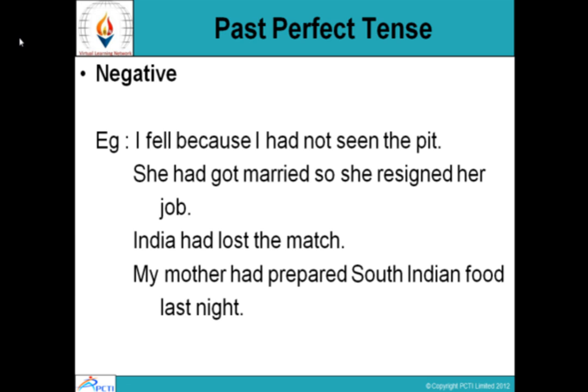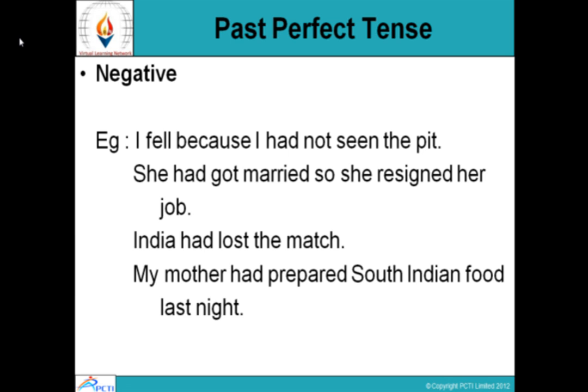Many times, rather generally, when we want to use past perfect tense, there would be more than one sentence. And that is why the rule, the earlier sentence would be told in past perfect tense and the later action would be told in simple past tense.